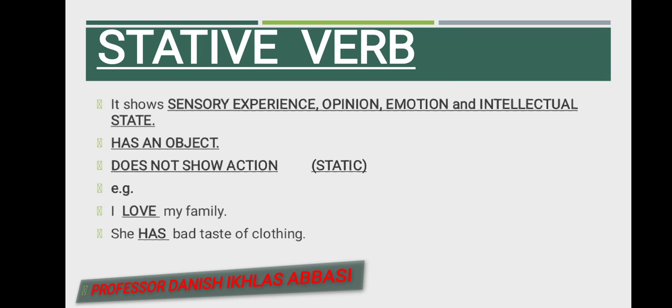Now, the sentence shows an opinion, and the word has connects the subject with this opinion, and this sentence has an object as well. And third sentence, I need a book. Here need is a sensory experience or an emotion. So the word need is a stative verb.